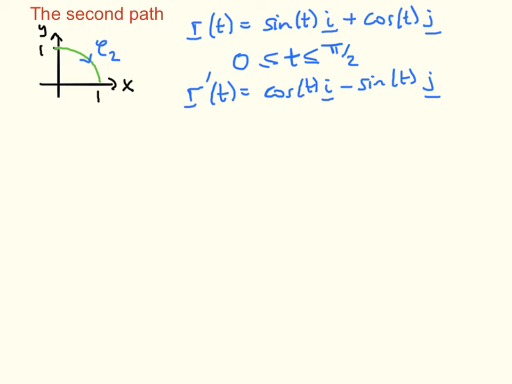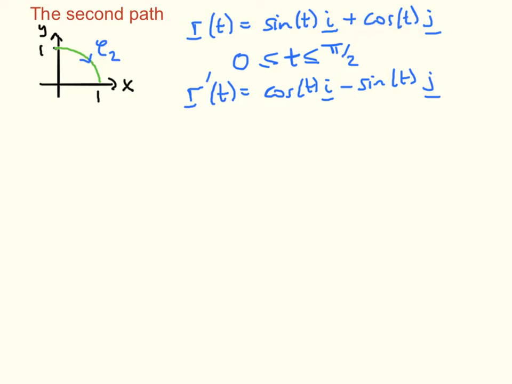So for the second path, which is an arc of a circle as drawn here, starting at the same point as before and finishing at the same point as before, we recognize that the radius of the circle is 1, so we can parameterize the circle as something like sine t times i plus cosine t times j, and it could be the other way around, but remember, when our parameter starts at, say, 0, we want to be here, and therefore we want here to have a cosine of 0.